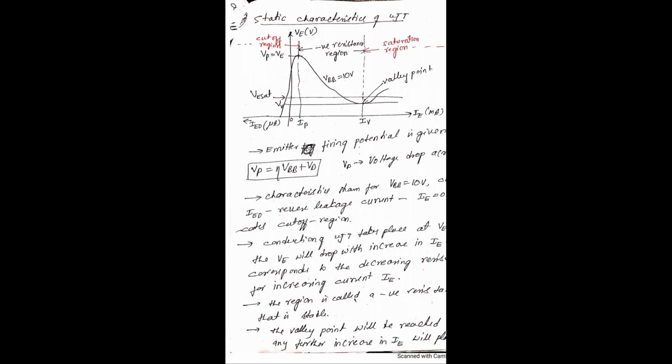The negative resistance region is a stable region and is the active region of the UJT, and most applications happen in this region only.